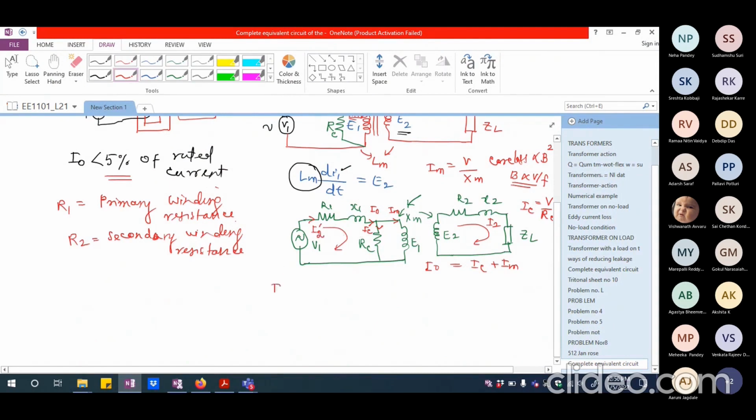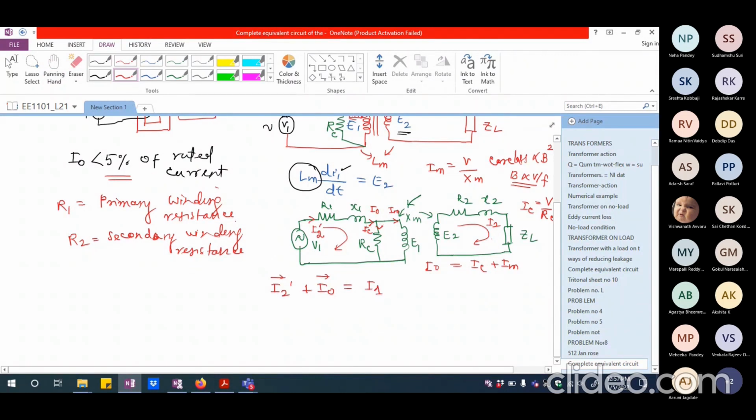Okay, so now I will have I2 dash plus I0. All of them are vectors. That is going to be I1, what is drawn by the transformer. So I2 dash is mainly the reflected current from the secondary, and I0 is the no load current which was required initially to establish the flux and fend for the core losses.